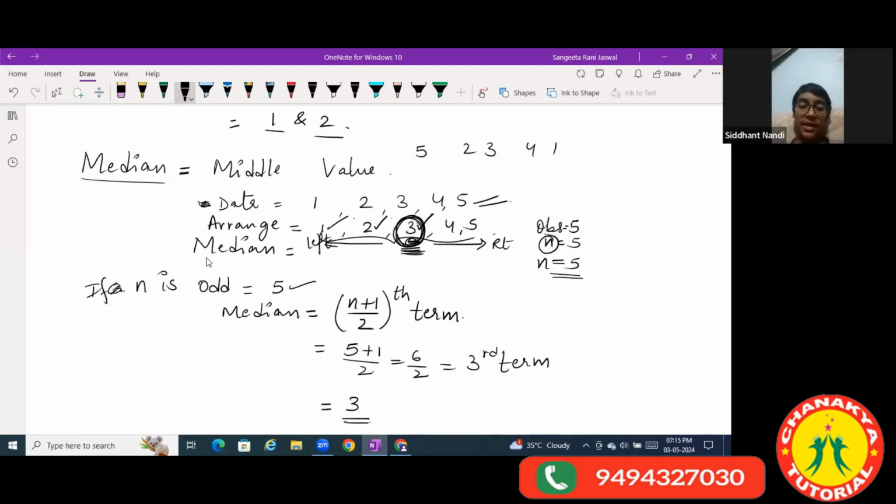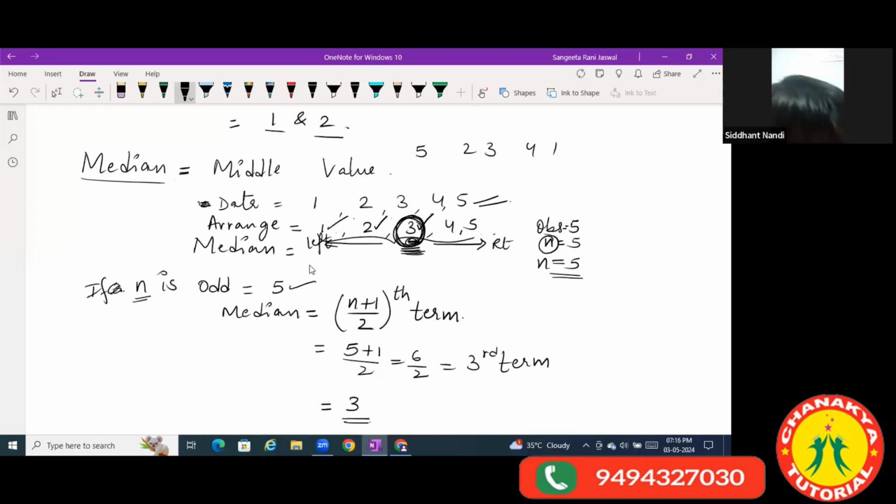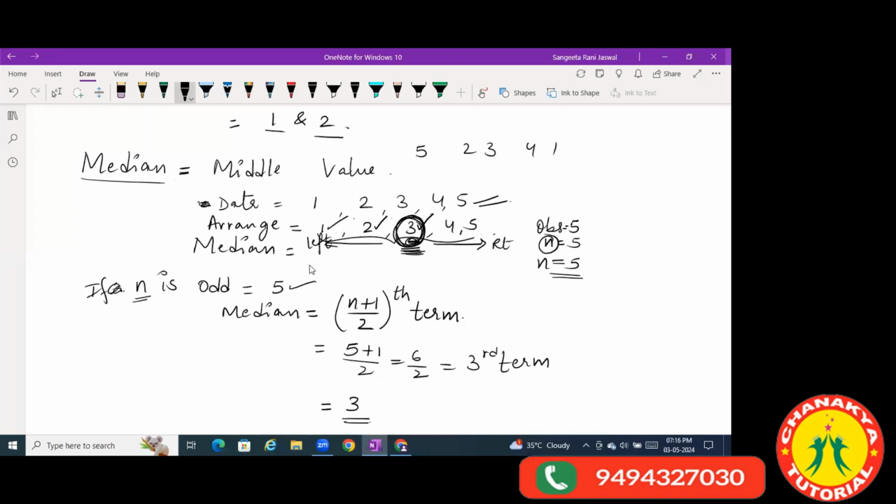Ma'am, can you explain again? I didn't get it. Okay, listen here. When the number of observations n is odd, suppose I have taken 5 numbers here. 5 is an odd number, no? The median is given by the formula n plus 1 by 2th term.